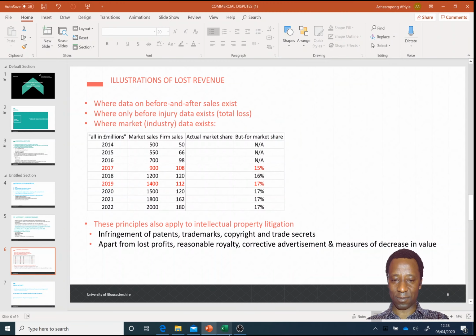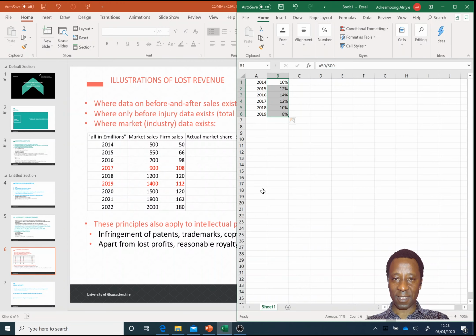Right, so what we've done is in 2014, we've calculated the market share as 50 out of 500, which is 10%. We've done it for 15, done it for 16. Just make this bigger a bit.